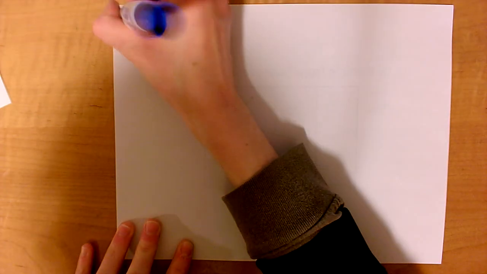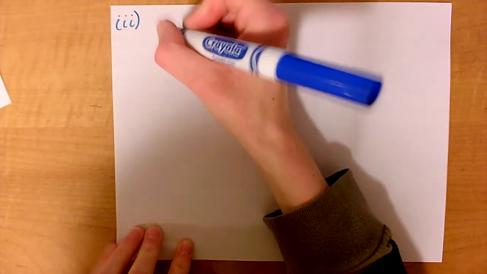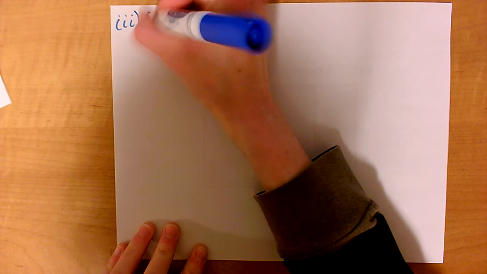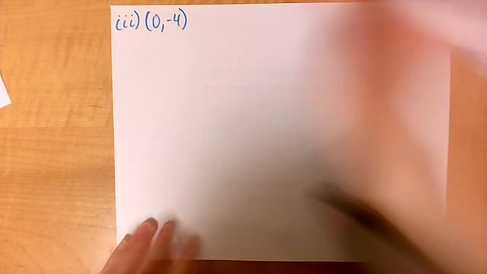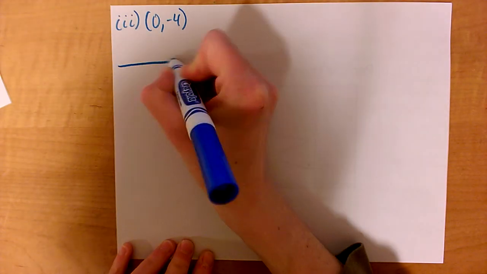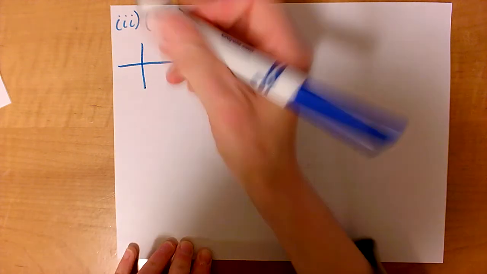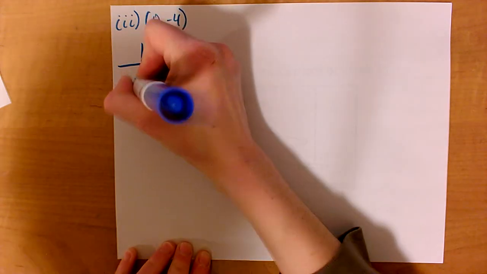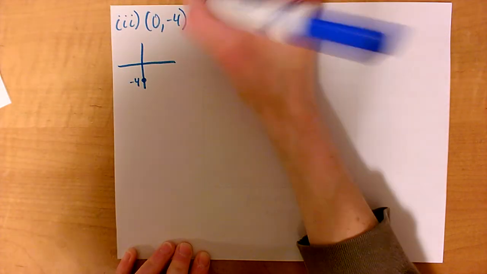And let's do Roman numeral 3. Okay, so for Roman numeral 3, we have 0, negative 4, and this is one that we can just visualize. So 0, negative 4 would be down here.